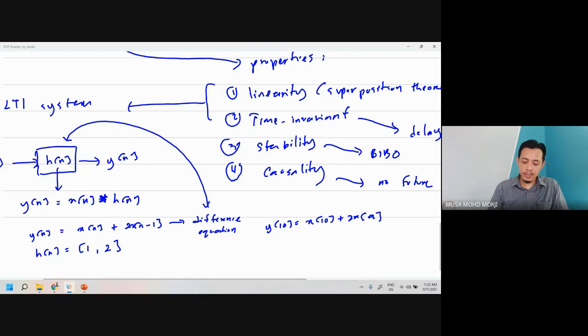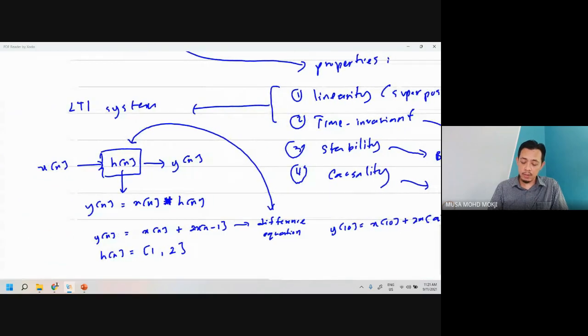So yes, that is one option. The other option is, because we already know this is an LTI system, the relationship is actually a convolution. So that process is convolution. So we can also do a convolution, not solving this one, but solving this one.